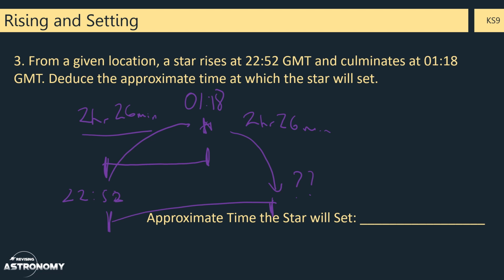So if I add 2 hours and 26 minutes onto my 1:18, 1 o'clock in the morning plus 2 hours is 3 o'clock in the morning, and 18 minutes plus the 26 minutes is 3:44. So the answer will be 44 minutes past 3 in the morning.